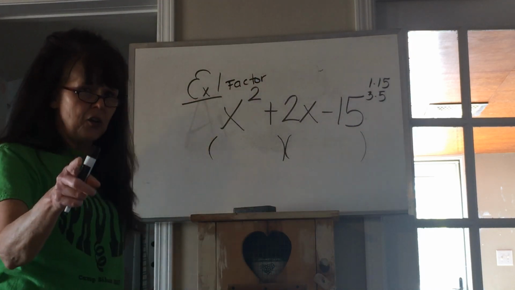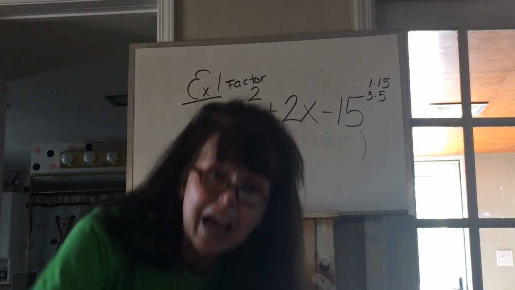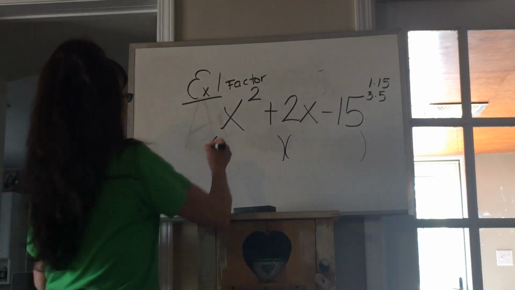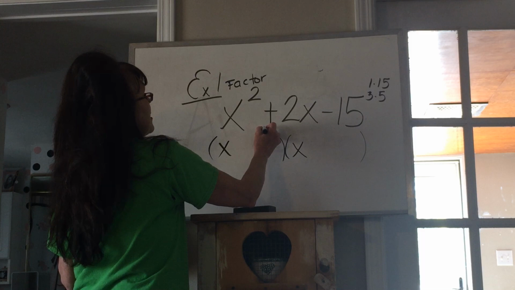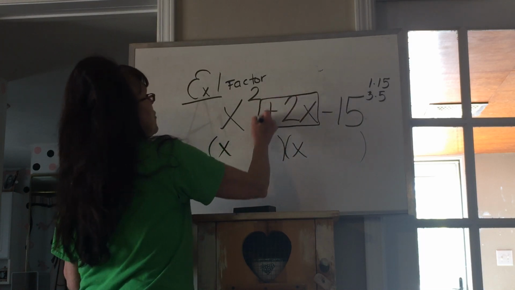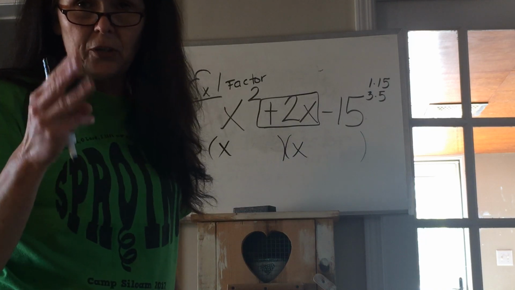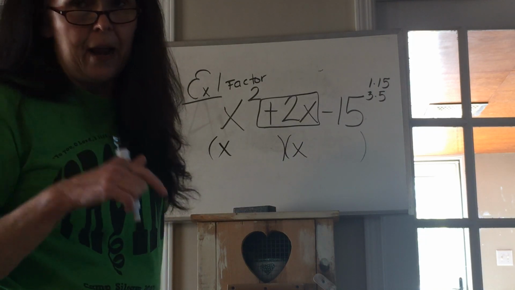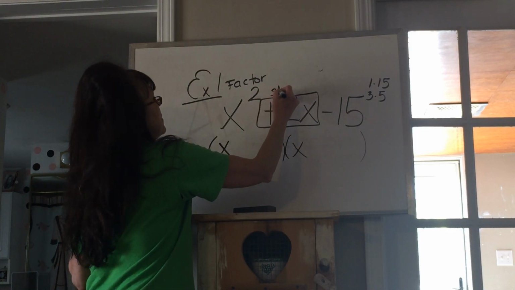X squared is x times x. So you're going to put an x here and an x there. This stuff in the middle, the sign, the number, and the variable, the middle term, you're going to skip over it for right now. Now, you do use it, but not at the moment.